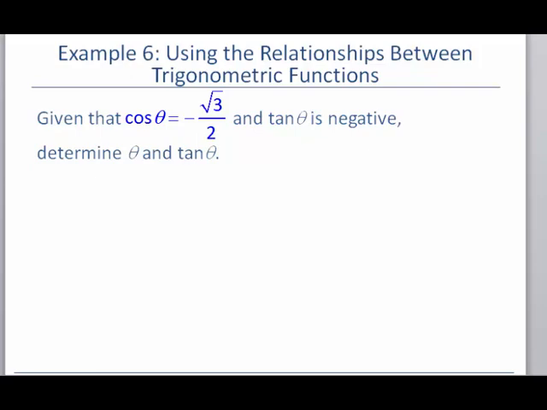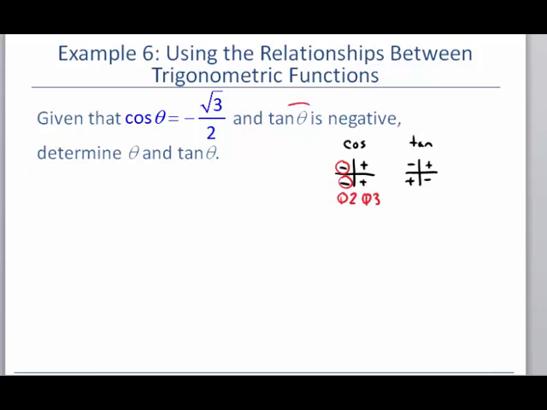So remember that on your sine charts, that your cosine chart looks like this, and your tangent chart looks like that. So let's determine what quadrant we're going to be working in. We know that cosine is negative, which only happens in quadrant 2 or quadrant 3.